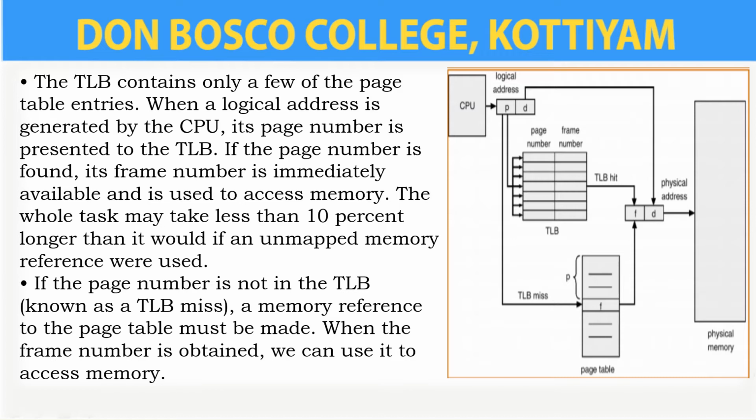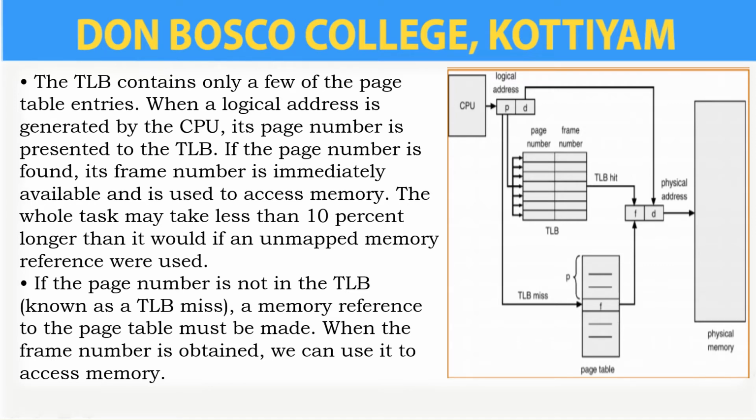The CPU generates the logical address, and this logical address is divided into two parts: a page number and the offset value. The physical memory is divided into the frame number and the offset value.